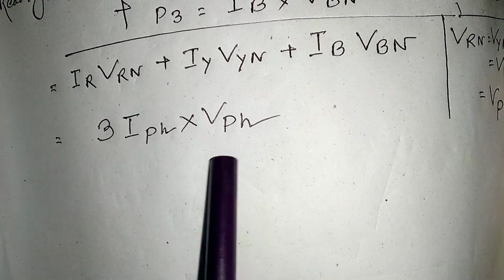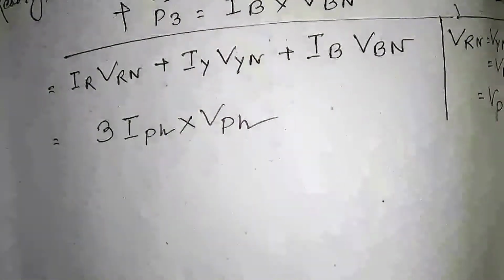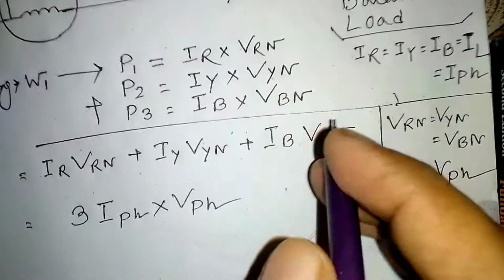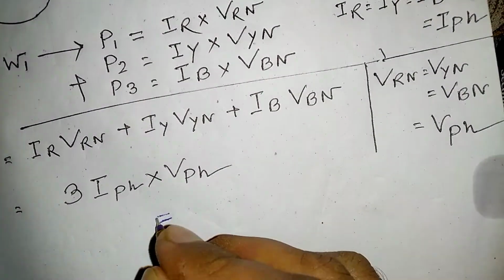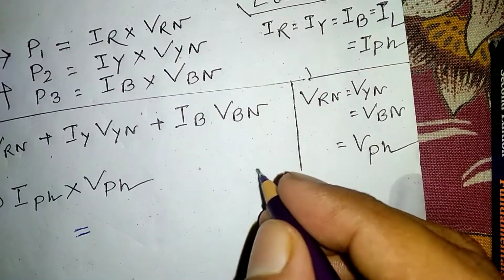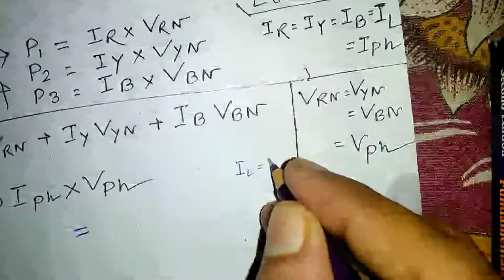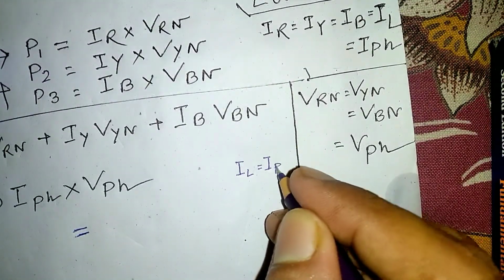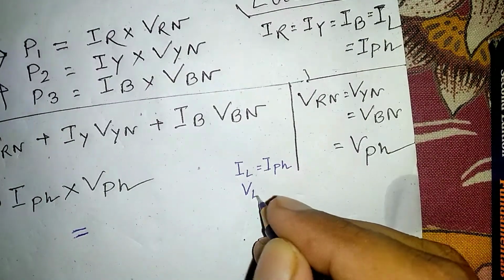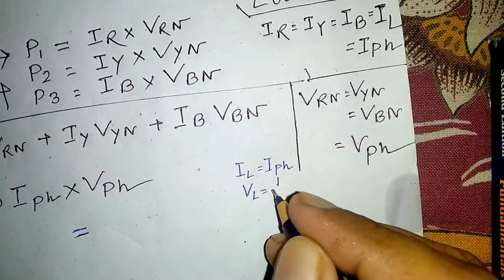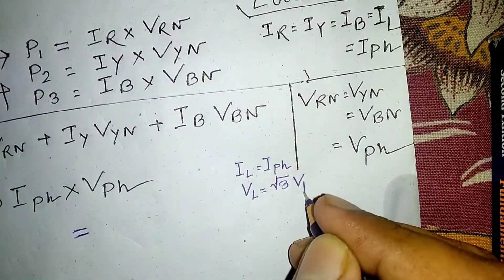Now in terms of line parameters, the equation will be, in the case of a star connected system, the line current and phase current are the same, but the phase voltage equals 1 by root 3 times the line voltage.